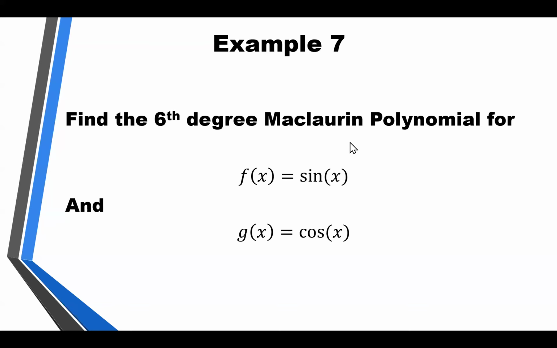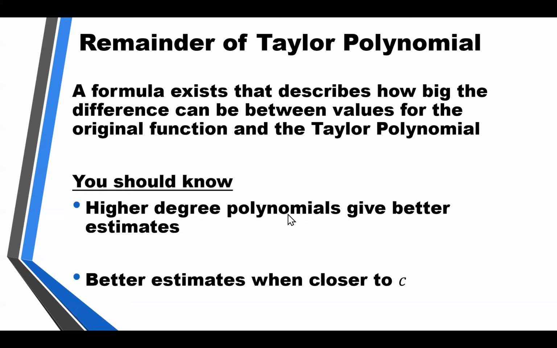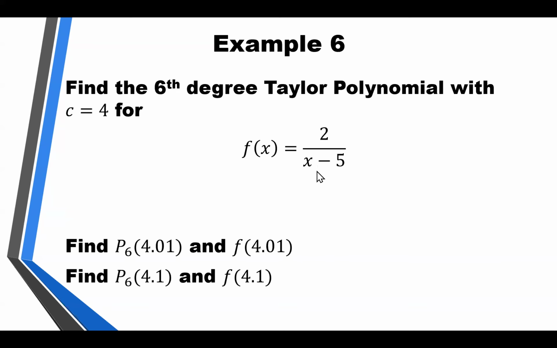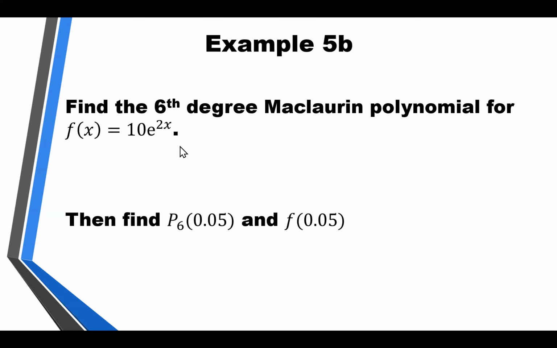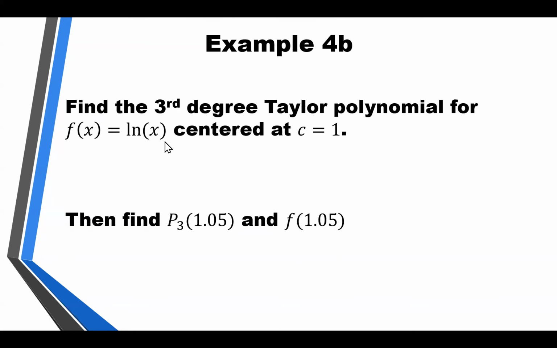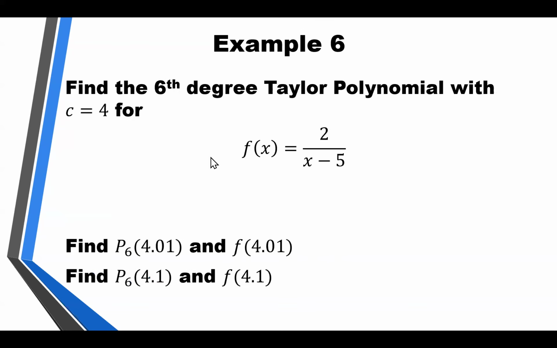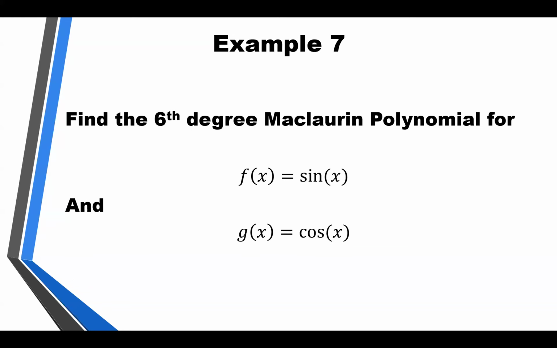So here we found, again, the Maclaurin polynomial for sine and cosine. Now, we've been doing this for functions that are trig functions. We did this for a rational function. We did this for an exponential function. We've done this for natural log. We've done this for other exponential functions. And so we've done this for a lot of functions that don't start out as polynomials.